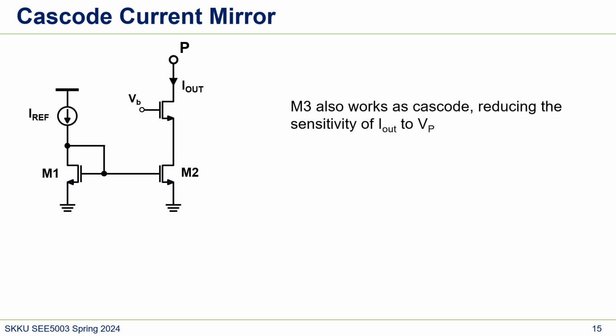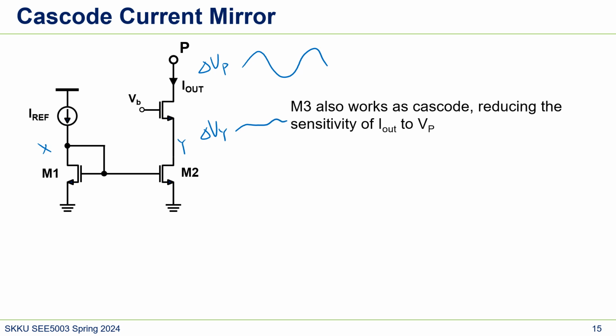As we learned about cascode, the advantage of the cascode is that if the voltage here, VP, changed like this, then the voltage change at Vy is mitigated.